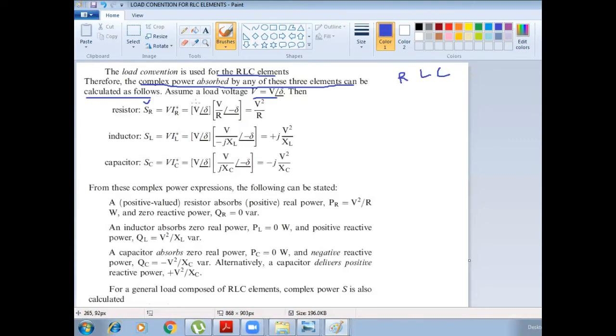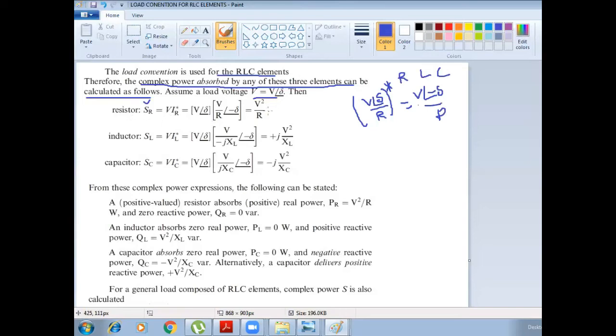IR is the voltage across the load, V at an angle delta, divided by resistance R. For this you take the complex conjugate, which becomes V at an angle minus delta divided by R. So this is the complex power absorbed by the element.